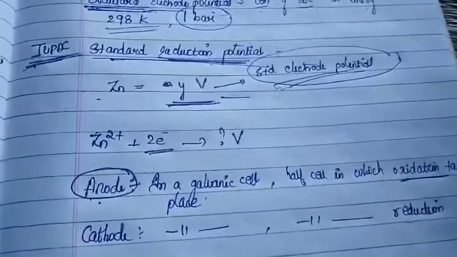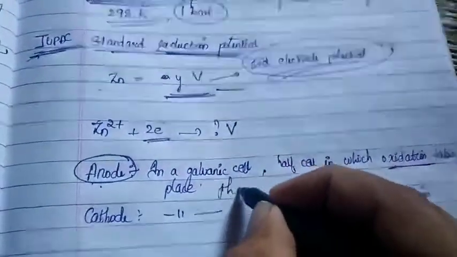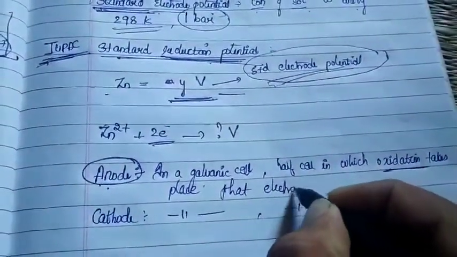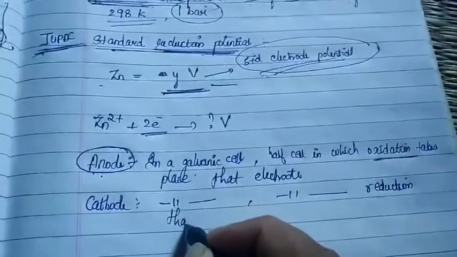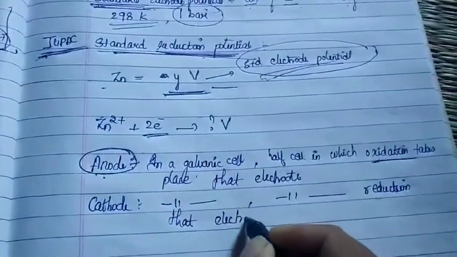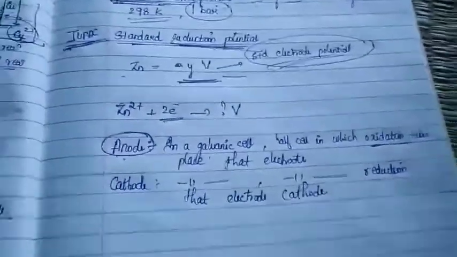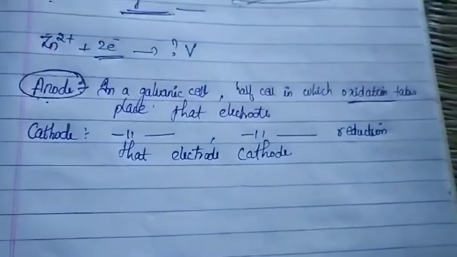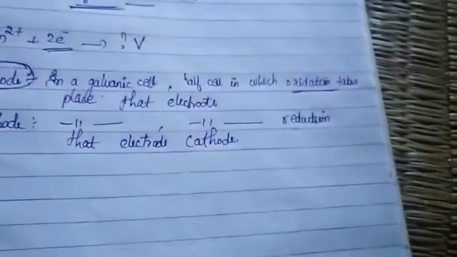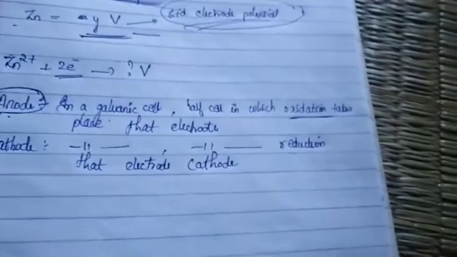that electrode is called as what? That electrode is called your cathode. Many times I have said this. How to remember this? Of course, in Karnataka, everybody's favorite team is RCB, Royal Challengers Bangalore.